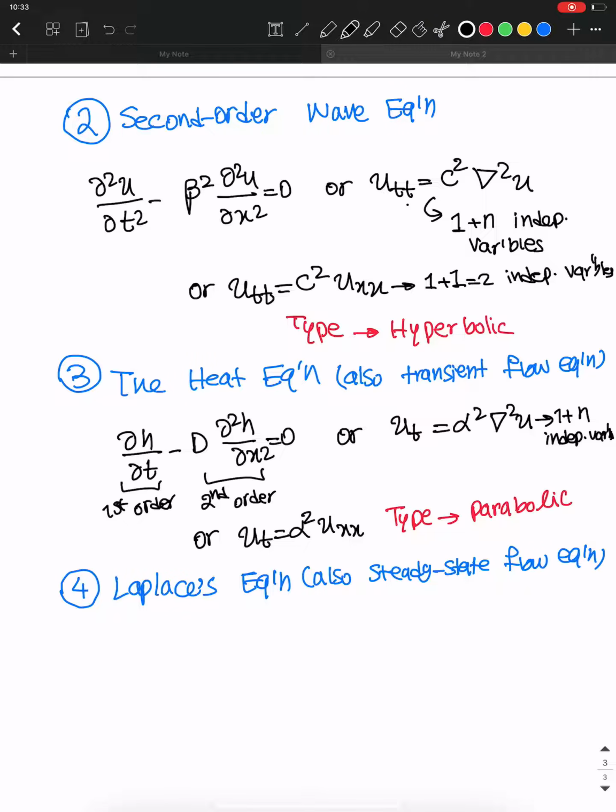So here comes a more general form of that. It is divergence of k grad h equals 0, and if k is constant, then we get divergence of grad h, or Laplacian of h, equals 0. This is the Laplace equation.